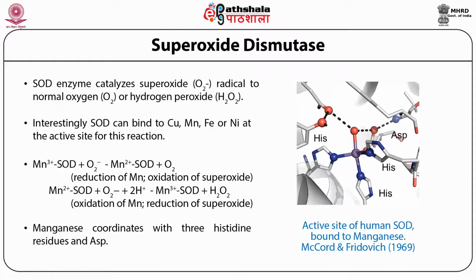The figure on the right side is the active site of human SOD, which binds manganese. The manganese coordinates with three histidines, and the fourth side is open for the reaction. Here you can see how the manganese converts the superoxide to oxygen and hydrogen peroxide. This is how manganese bound SOD can function.